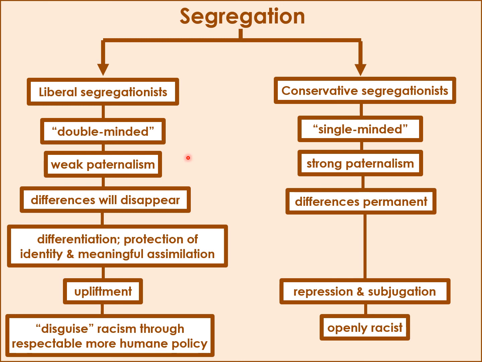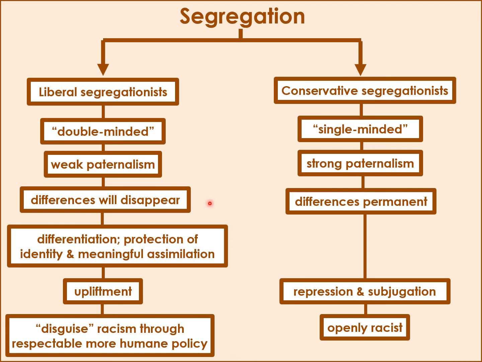They also supported a policy of separation because of the differences between whites and blacks. However, they emphasized differentiation and believed that the policy of segregation had to be a compromise between the protection of their own identity and meaningful assimilation on the one hand, and repression and subjugation on the other hand.